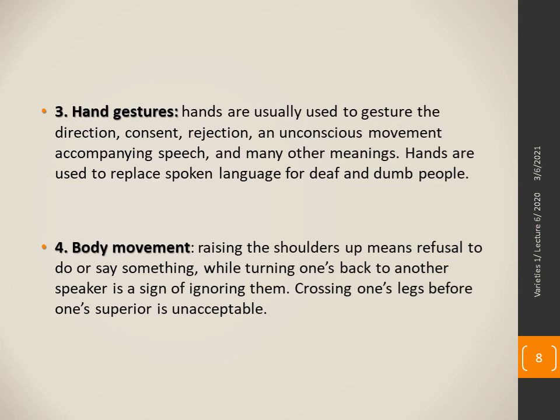Hands are used to replace spoken language for deaf and dumb people. Then body movement. Raising the shoulders means refusal to do or say something, while turning one's back to another speaker is a sign of ignoring them. Crossing one's legs before one's superior is completely unacceptable.